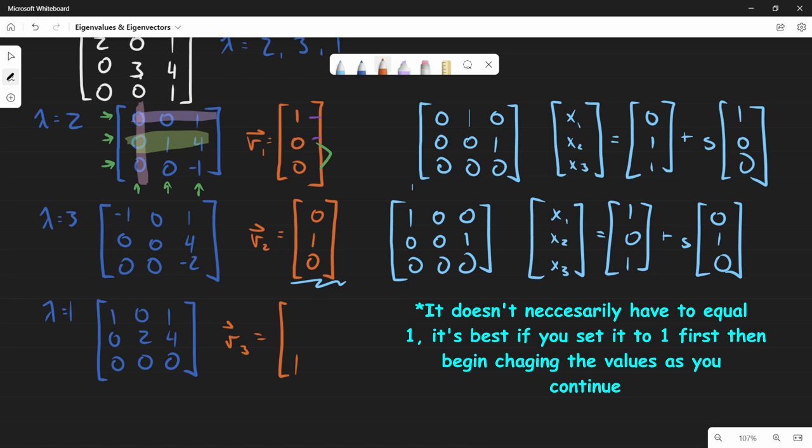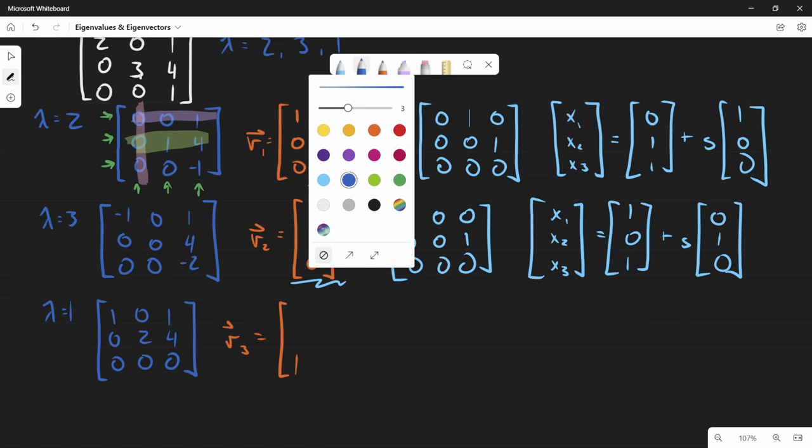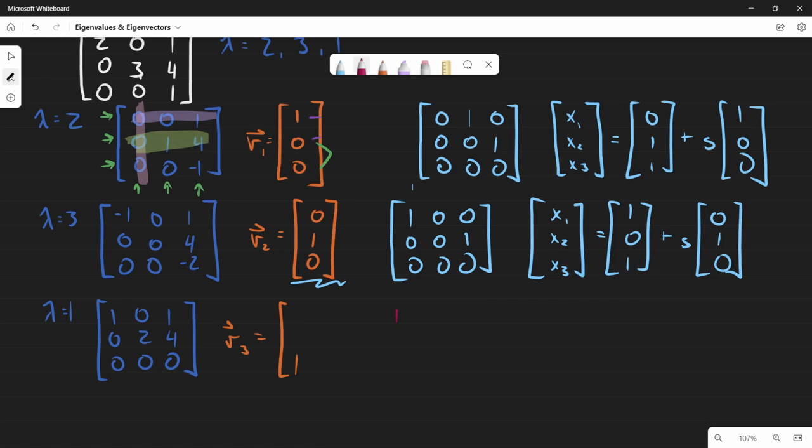And then this is where it becomes more like guessing and verifying. We have 1 times some constant plus 0 plus, we already determined that this is going to be 1. And that's equal to 0.